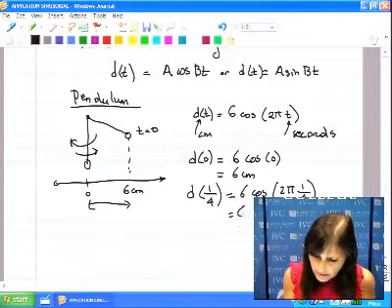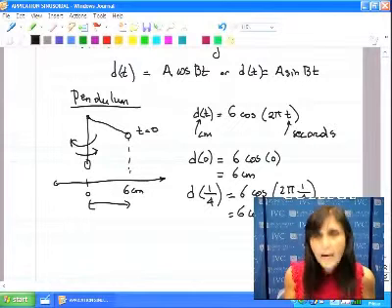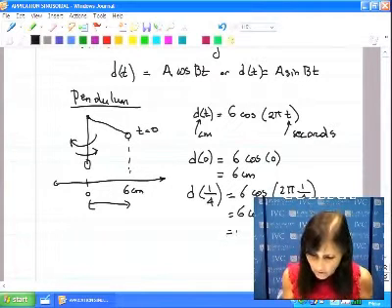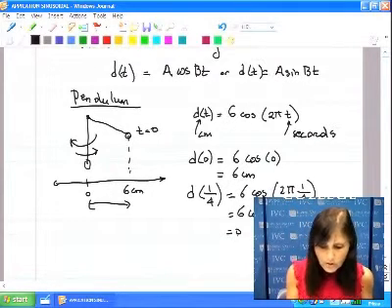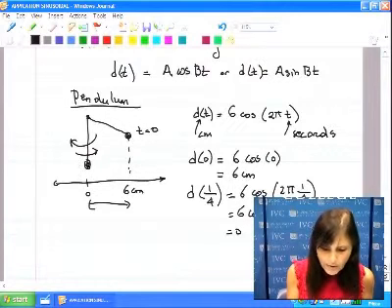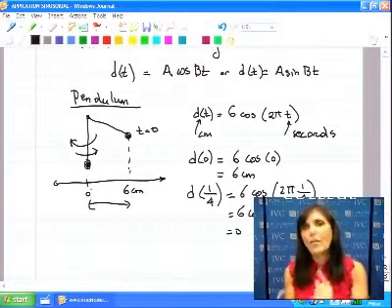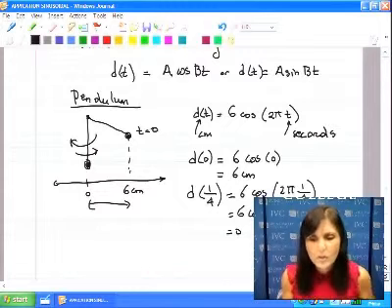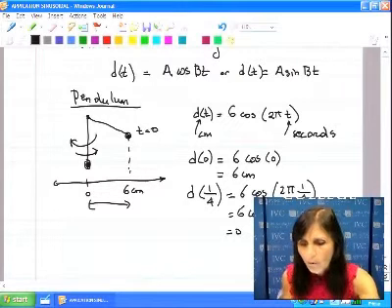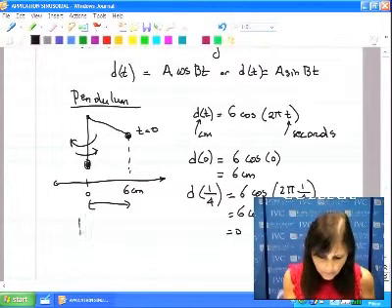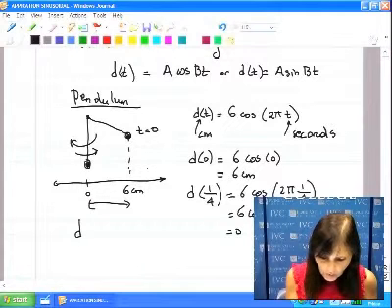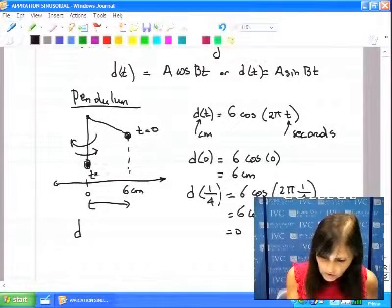So it is 6 cosine of pi over 2. And I know cosine of pi over 2 is 0. So in other words, it's going to start here. After 1/4 second, it's going to be right where the rest position was. So this one is t equals 0, and this one is t equals 1/4 seconds.